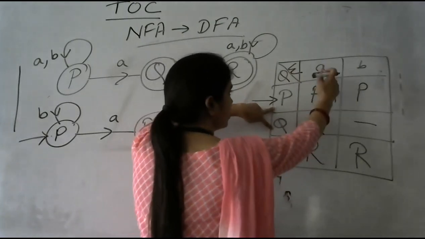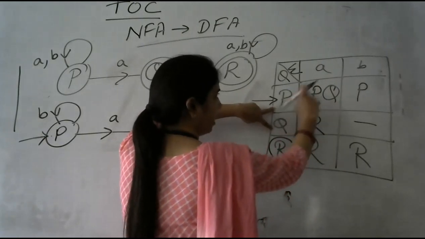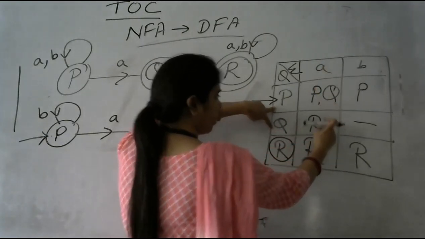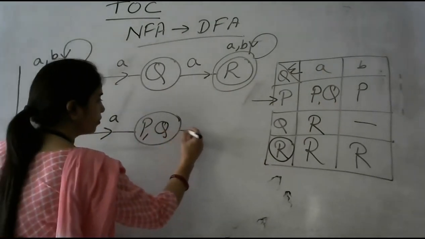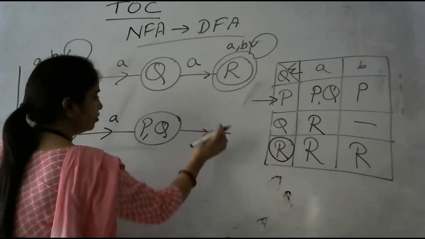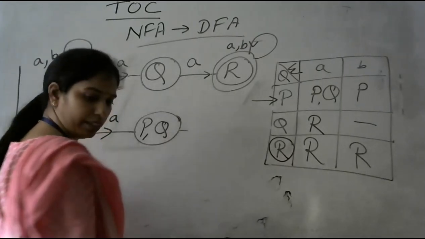PQ से A पढ़कर PQR पे जा रहे हैं. PQ से A पढ़कर P, Q और R पे जा रहे हैं. ठीक है, तो हमें क्या मिला है? हमें मिला है एक नई state called, I will draw this way.